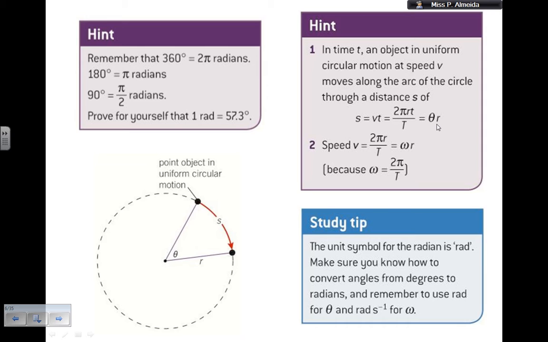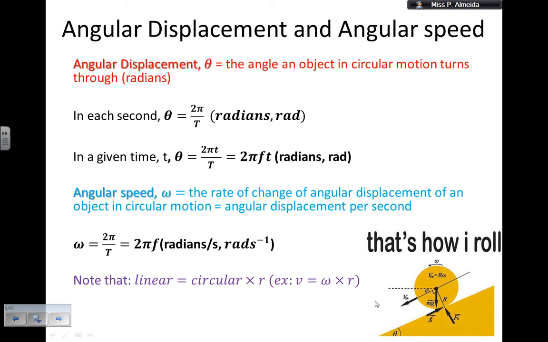So again, the linear displacement is equal to the circular times r, just like that formula that I showed you here, okay?